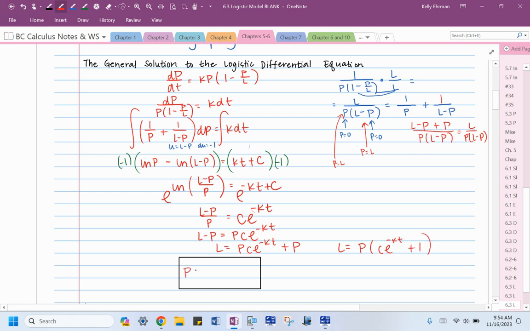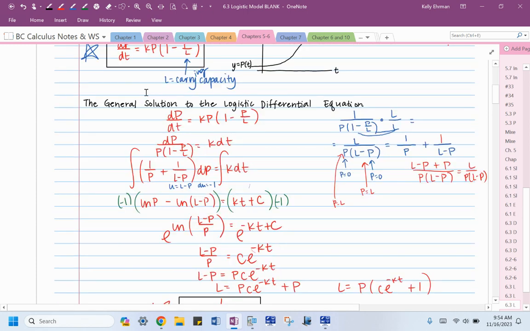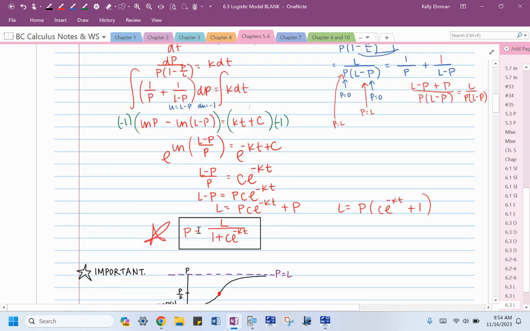So P is equal to the carrying capacity divided by 1 plus C e to the negative kt. So we kind of went through a proof for how we go from the differential logistic equation to the logistic model.